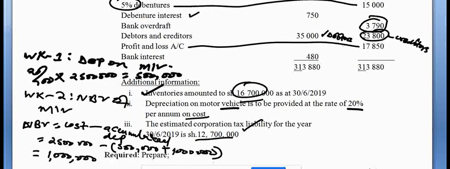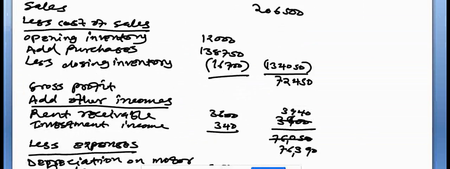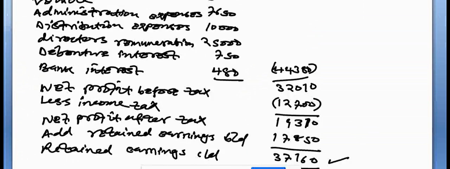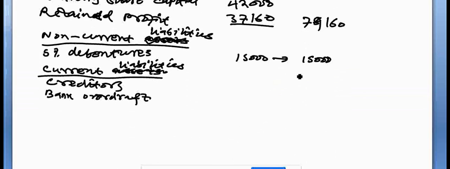So 23,800 and 3790. Okay, so acha tuone ni ngapi. So 23,800 plus 3790. Someone to add up that atupe jibu. Ongeza hiyo 23,800 plus 3790 nakupea ngapi?